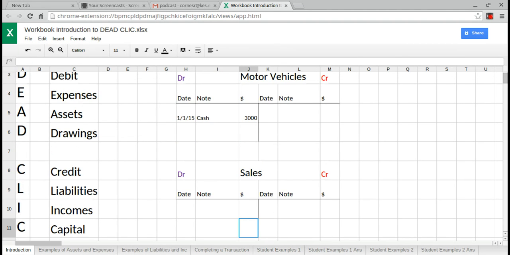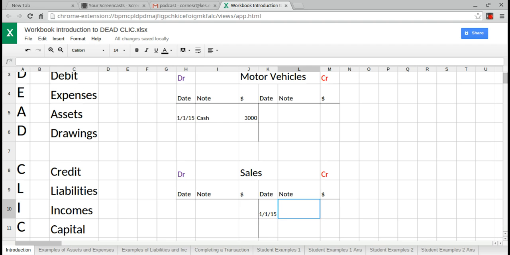Here's an example of a credit entry, very similar. We've made a sale and we've sold $2,000 worth of goods to a customer, and the customer's paid us by check. If they're paying us by check, the money is going to go straight into the bank. So put the date in. Again, very important: you will lose marks in an exam if you don't put the dates in.